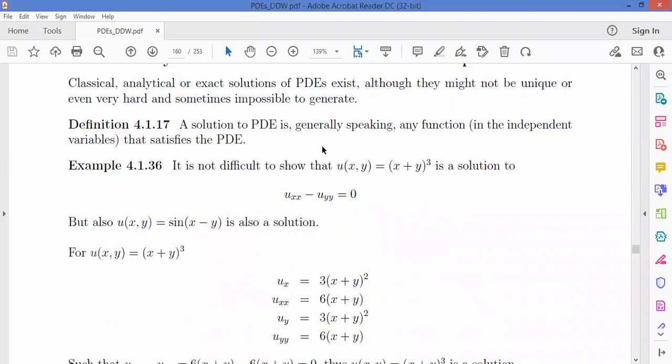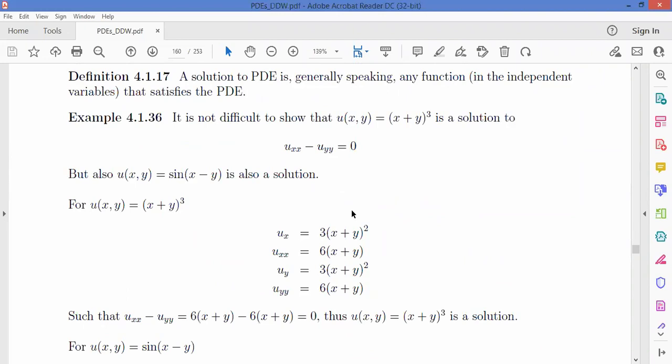When you talk of a solution to a PDE with a function and independent variables, it is not difficult to show that this is that one. When they say to show that this is a solution of this equation, it means you're going to differentiate, guys. Let's not waste time here.